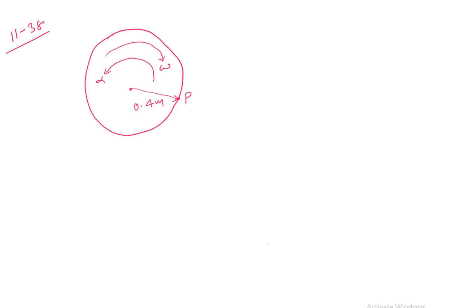Okay. So let me read the question again. The flywheel is decelerating at, so alpha is -3 radians per second square, while turning at 12 radians per second clockwise, and the radius is 0.4 meters.